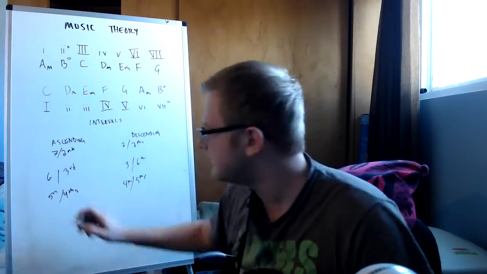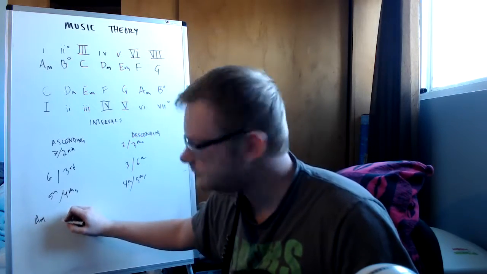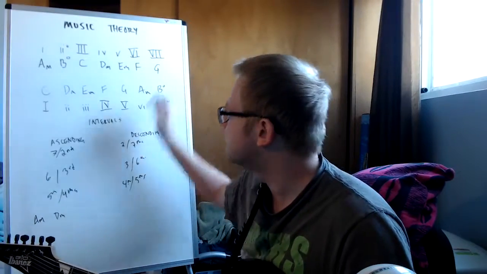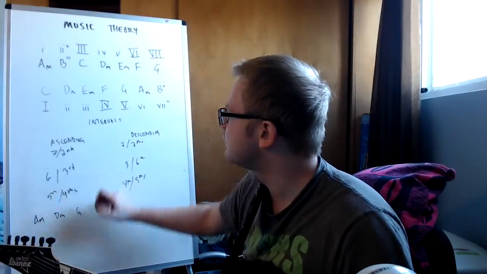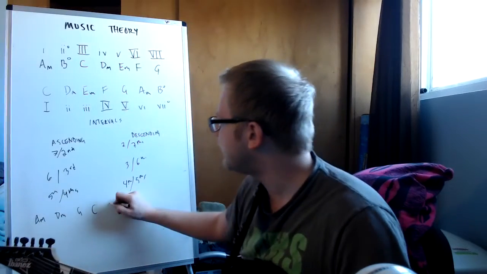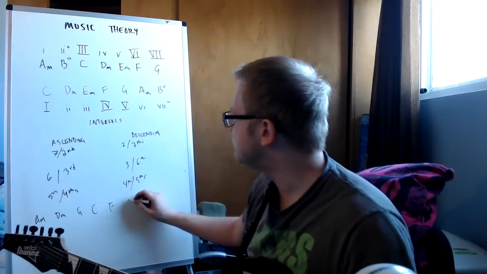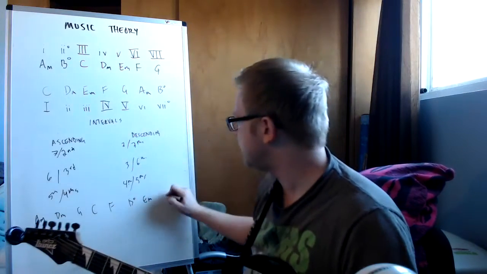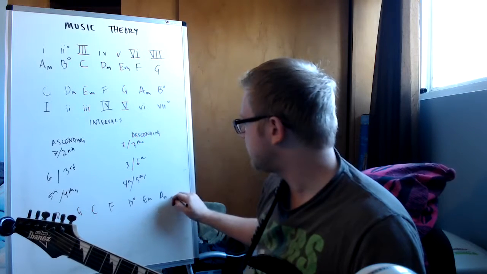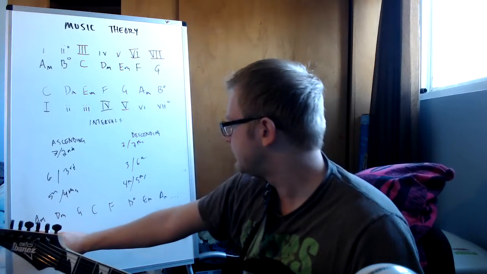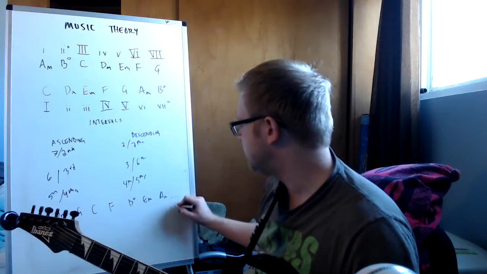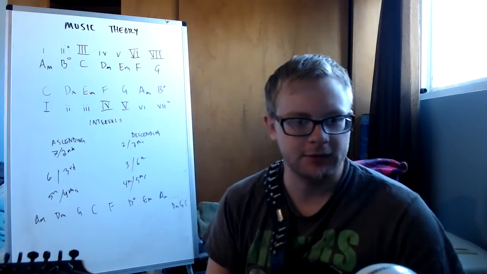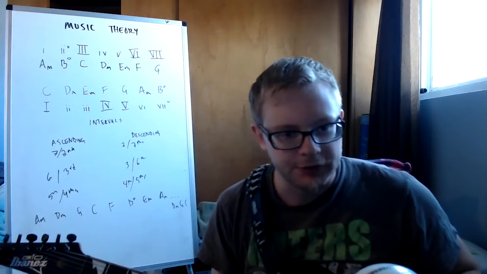So here it is written out, starting from A minor. 1, 2, 3, 4 up to D minor. 1, 2, 3, 4 to G. 1, 2, 3, 4 to C. 1, 2, 3, 4 to F. 1, 2, 3, 4 to B diminished. 1, 2, 3, 4 to E minor. 1, 2, 3, 4 back to A minor. I'll do a dot, dot, dot here. D minor, G, and C should be at the end here. Anyway, it's kind of hard to see that.